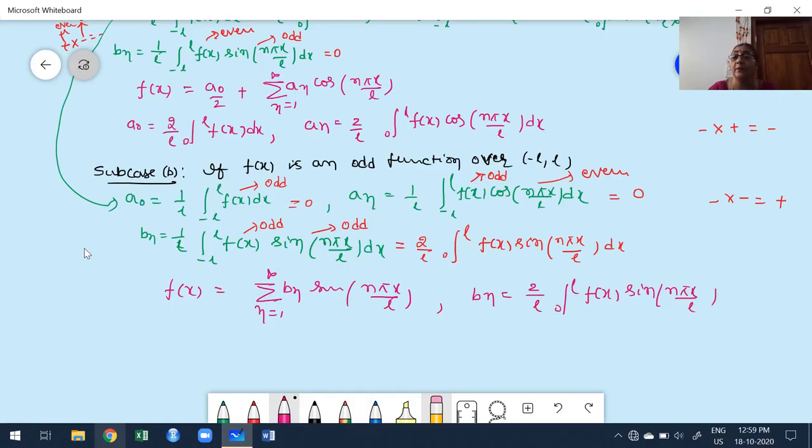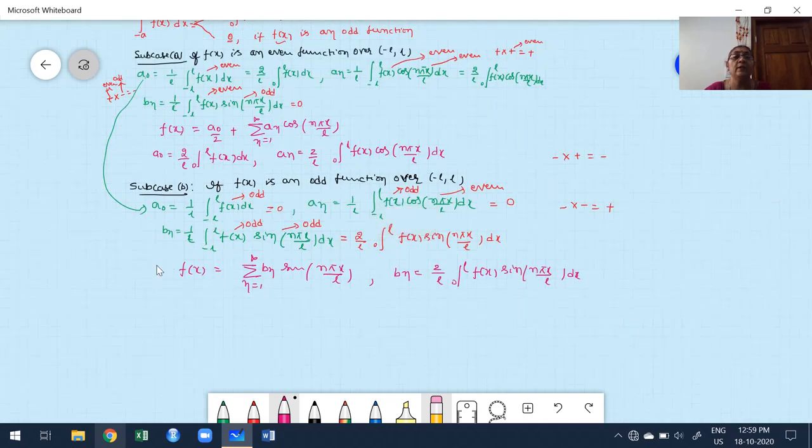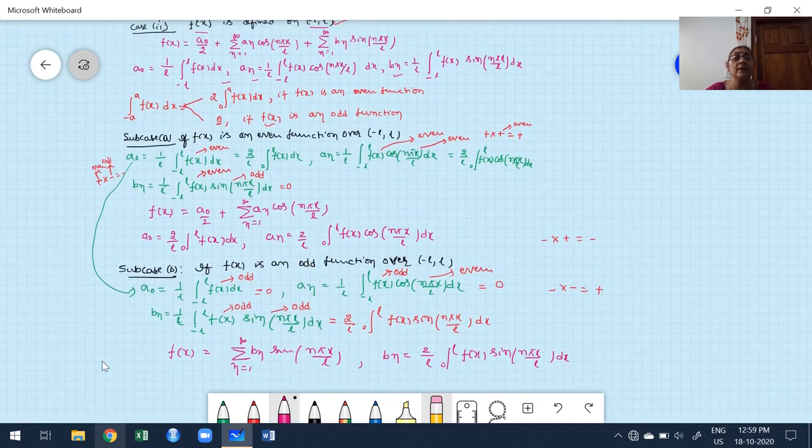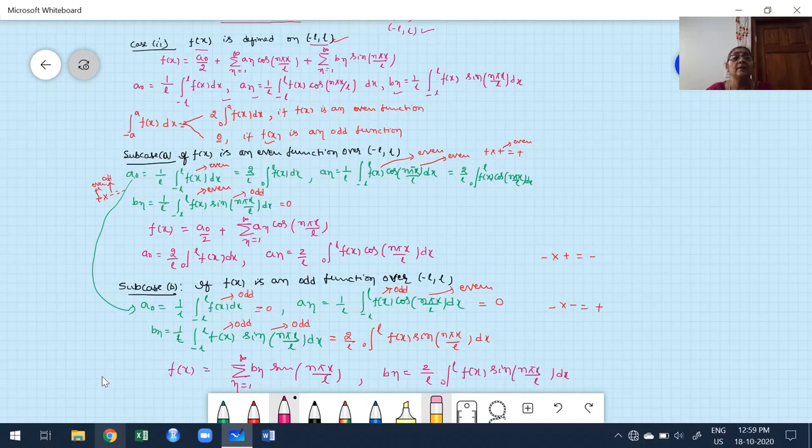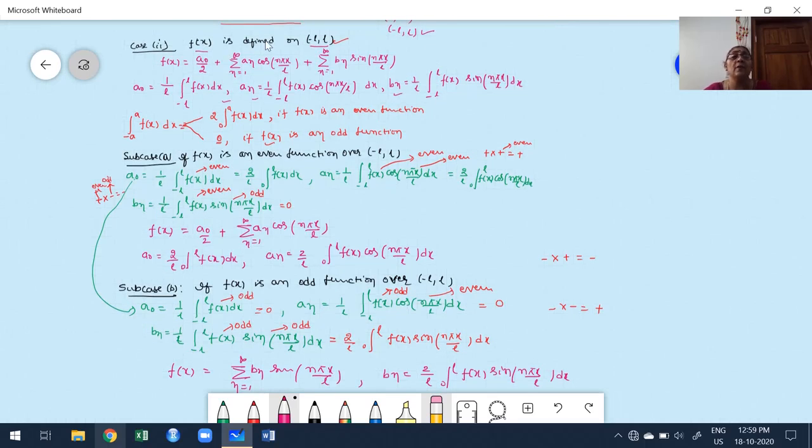Now observe carefully here, a little bit zoomed out, then it is easy to see the entire thing. Now in case 2, f of x is defined on the interval minus L to L. We already discussed this formula. But it is not necessary, whenever the function is defined in minus L to L, to always find a naught, a n and b n.